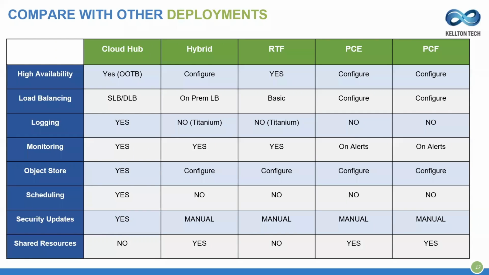And we have the logging capabilities in RTF, which are required to be enabled and recommended by MuleSoft itself. Monitoring is available in both environments, and the system will monitor and send the data wherever it can be configured.